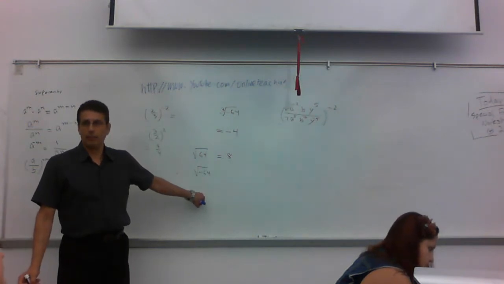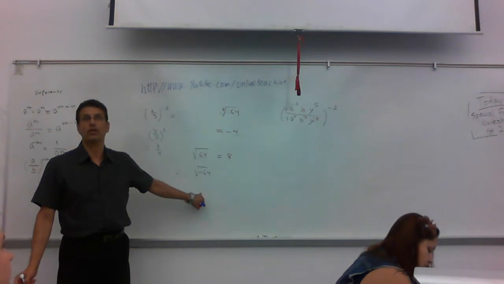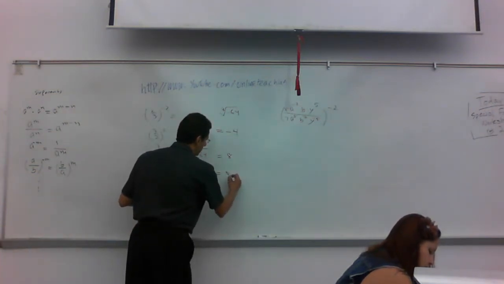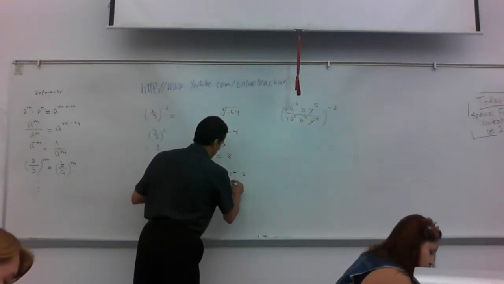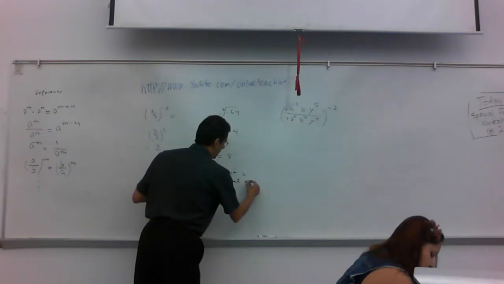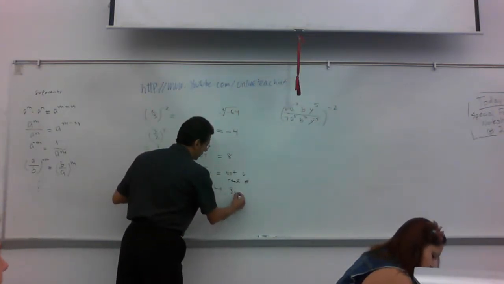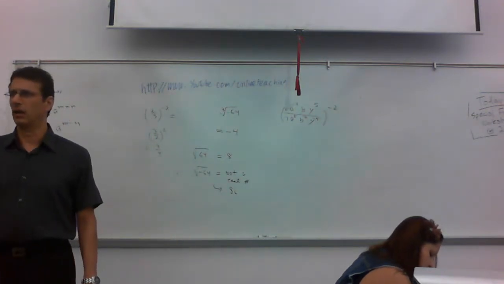There is no such real number, right? So this one has no answer in the form of a real number. And we will discuss that later on. Some of you may already know this is 8i, where i is the square root of negative 1. Do you remember that? Complex numbers?